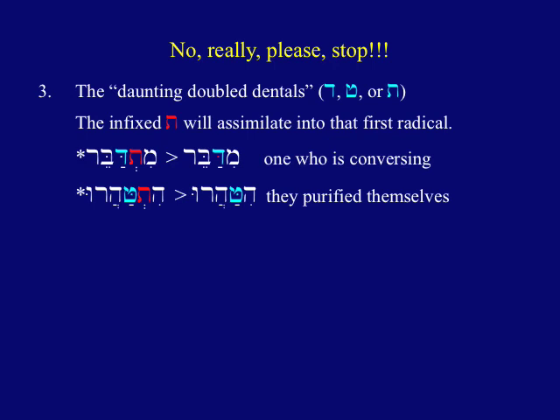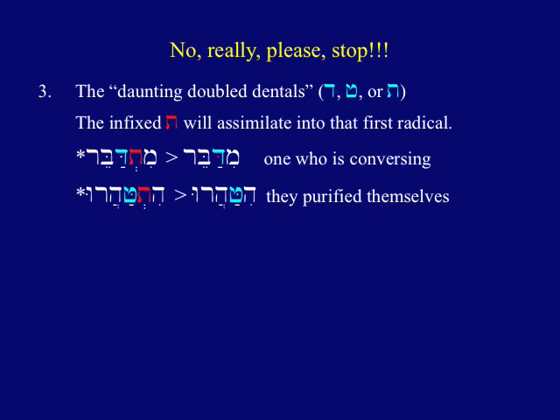Similarly, with first tet, root tet hey resh, meaning to be pure. In the hithpael, hypothetical form, hit tahoru, they purified themselves. The tav assimilates into the tet, and we get hittaharu. You've got to see the doubling of the initial dental, and realize that what's being assimilated there is not a noon, but rather the tav of the hithpael.